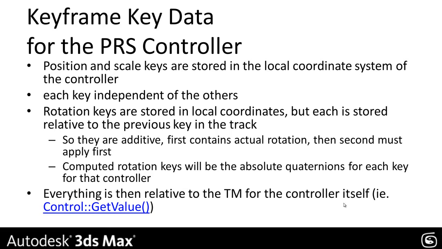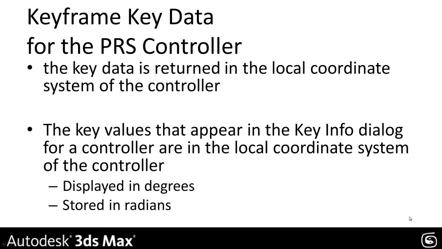Once the data is built up, everything is then relative to the transform for the controller itself. So if you call Control GetValue, that's going to give you the transform of the controller, and all of this is relative to that transform. The key data is returned in the local coordinate system of the controller, and the key values that appear in the Key Info dialog for a controller are in the local coordinate system of the controller.